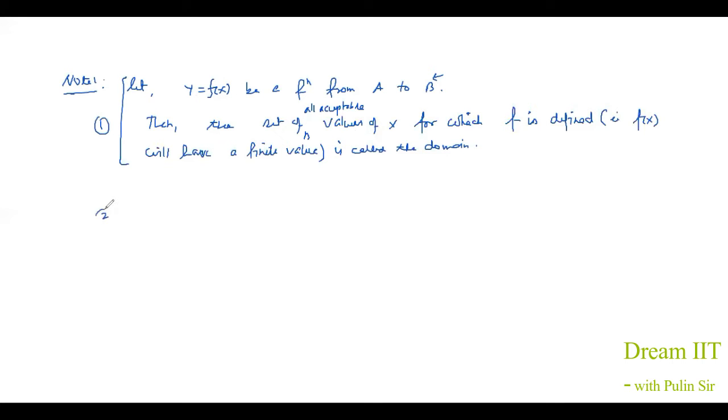Now next, right? The set of values of y such that y is equal to f(x) where x belongs to the domain. That means whenever you are giving the acceptable input, you will be getting some output.